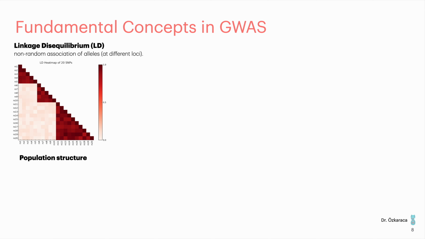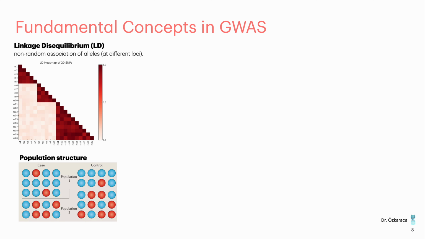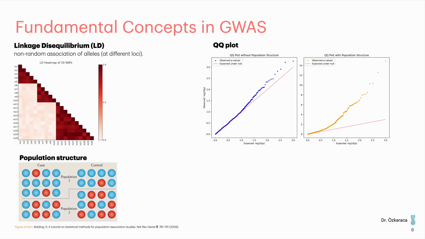For example, if you oversample cases in one population and oversample controls in another population, any difference between populations might indicate a false association causing the disease. And this population structure is often measured through plots or metrics such as the QQ plot or genomic inflation factor.